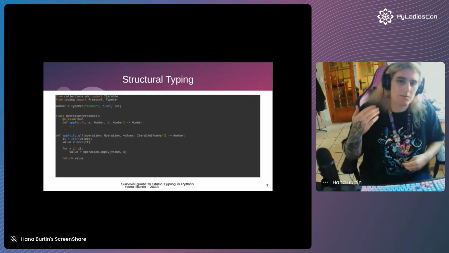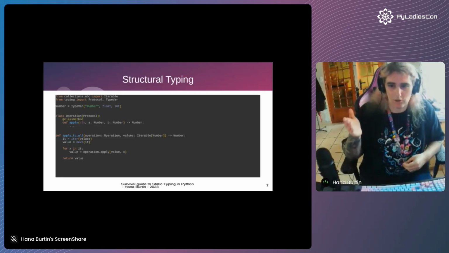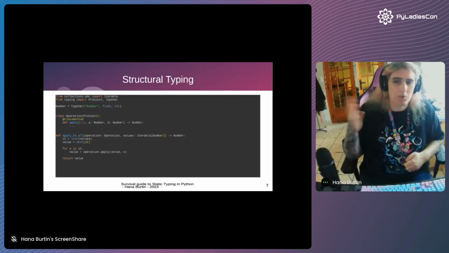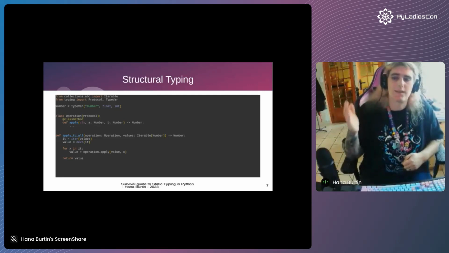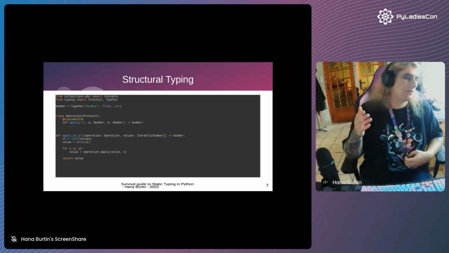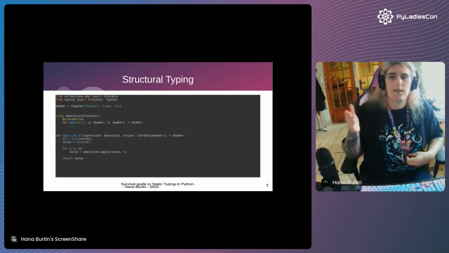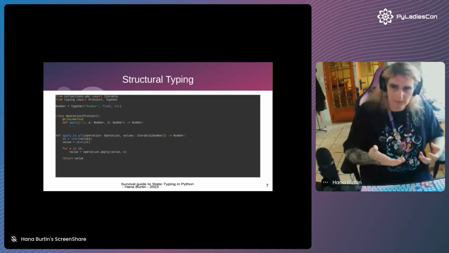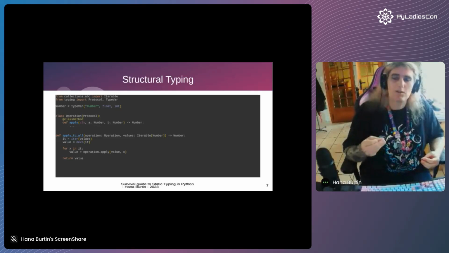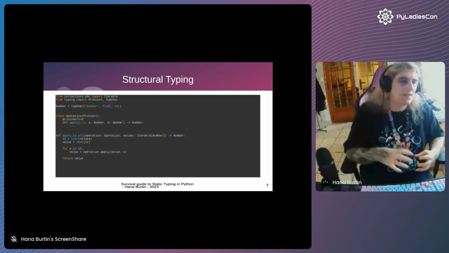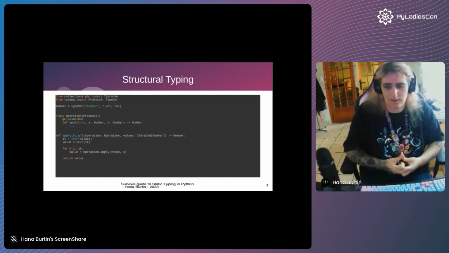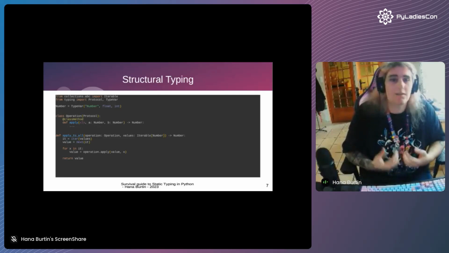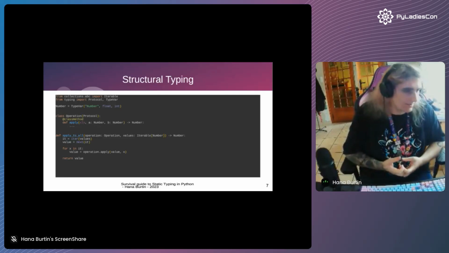You can pass to your apply-to-all function any operator, and an operator will be any class that has this apply method that takes two numbers and returns a number. So that helps you avoid creating very complex and convoluted inheritance strategies for your classes.